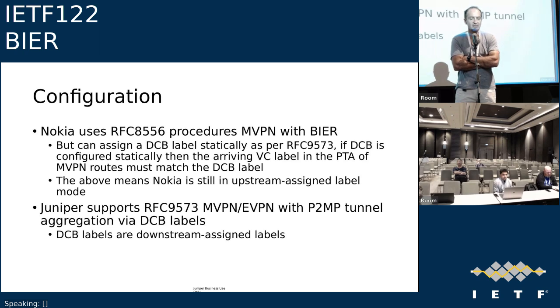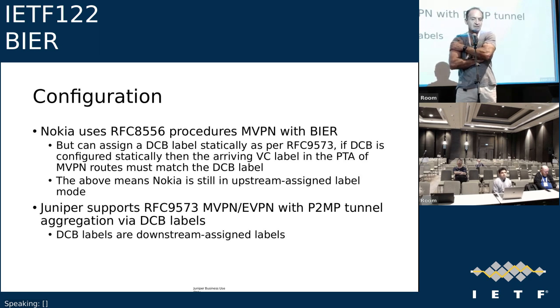So from a configuration point of view, one thing we need to understand is that on the Nokia side, when it comes to RFC 9573, we only configure that service label in the provider tunnel attribute. We only program it as a static label.